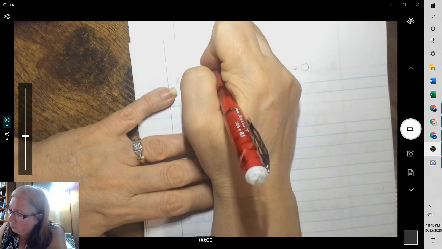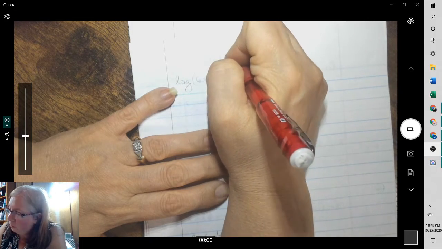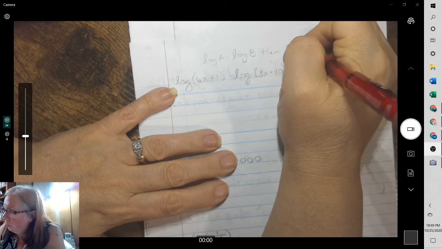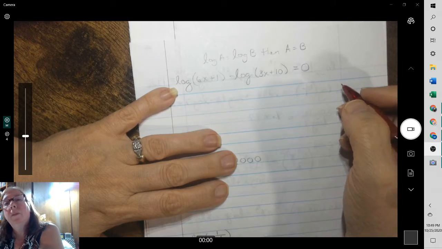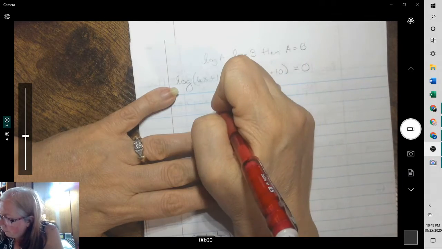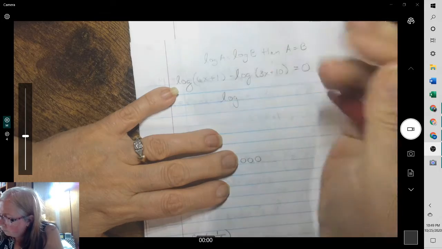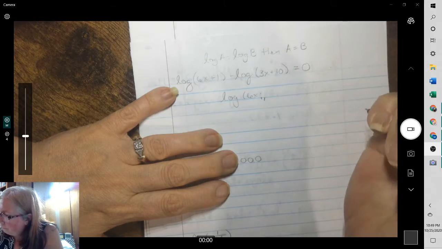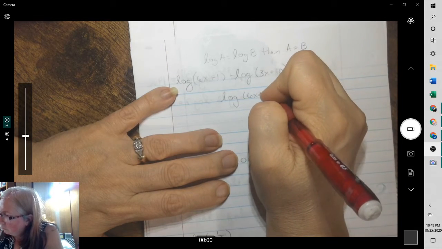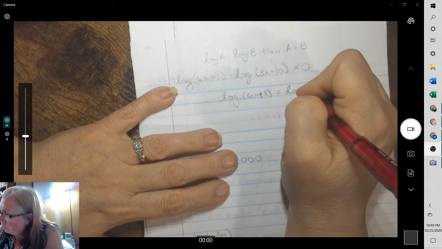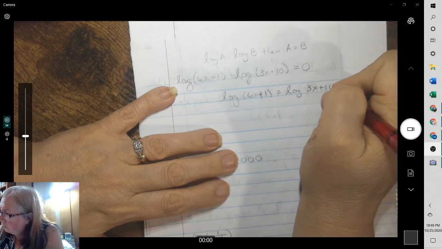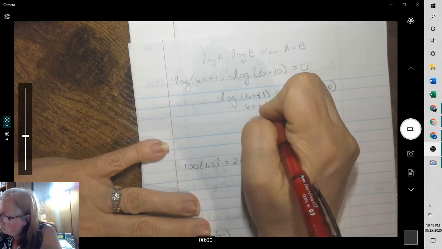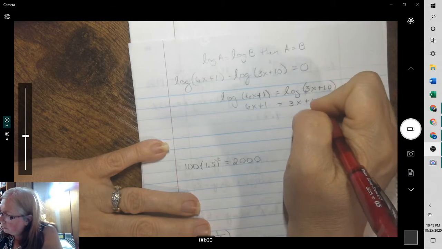If you have the log of A equal to the log of B, then A has to equal B. So we could bring this to the other side. So for these to be equal, then 6x plus 1 has to equal 3x plus 10.